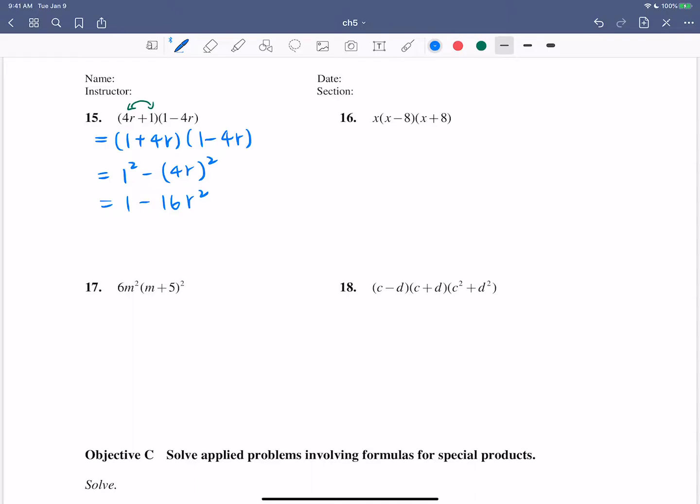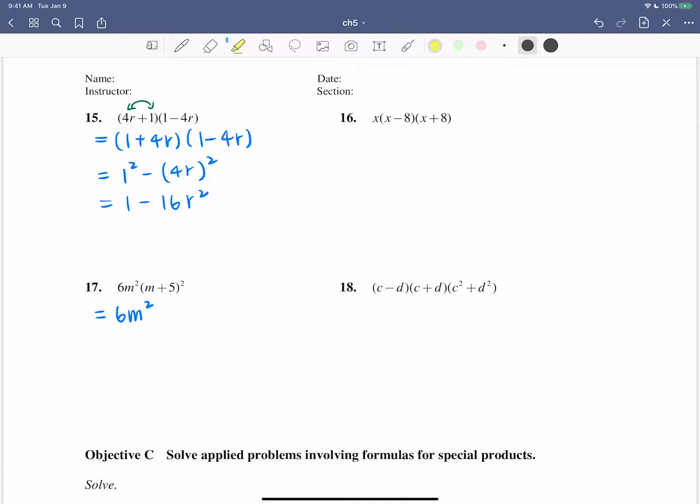Number 17. 6m squared times m plus 5 squared. This one is a little bit different. For this one, we have to apply the formula when you square the binomial. First factor 6m squared, I'm not going to change that.